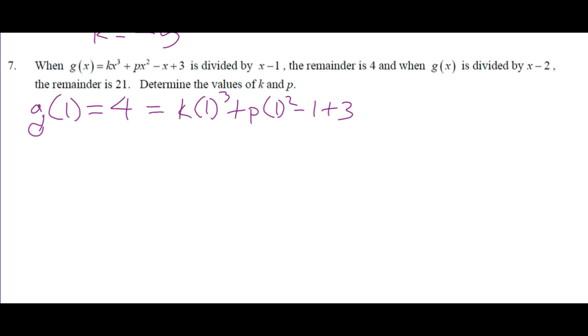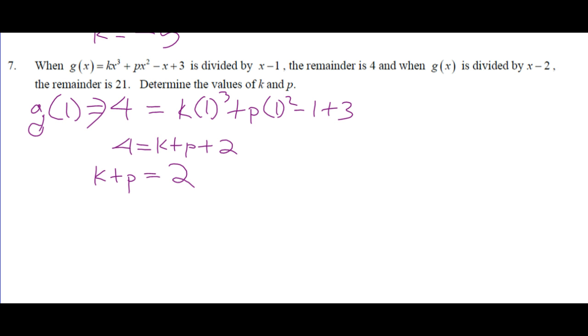Let's do that. So we got 4 is equal to k plus p plus 2. So we got minus 1 plus 3. So we get, what's k plus p equal to? 2.